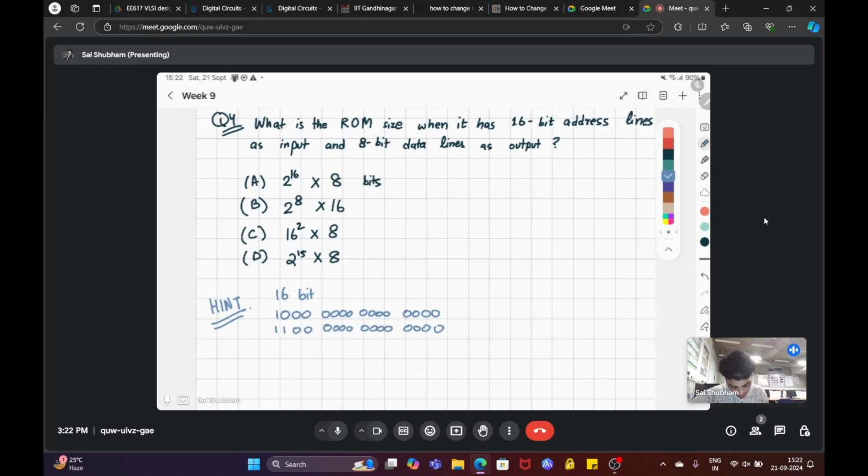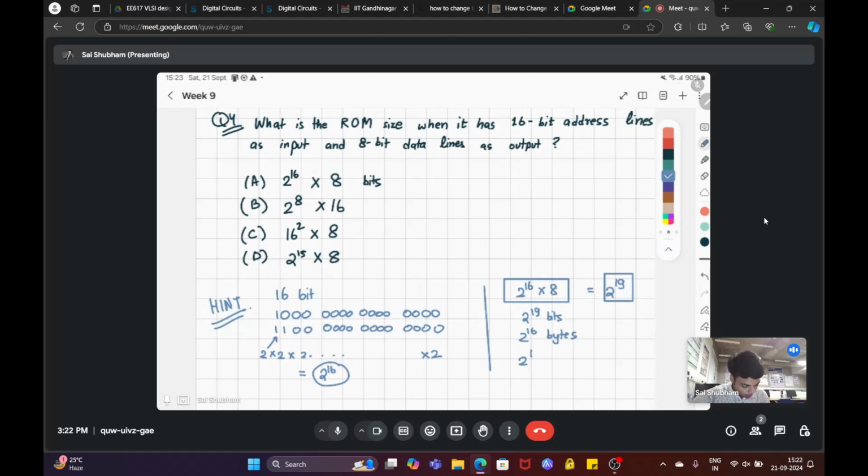So the total number of locations possible is the total number of states possible, which is 2 power 16, and the size of each location is 8 bits. So this is your answer, which is 2 power 19 bits or 2 power 16 bytes.